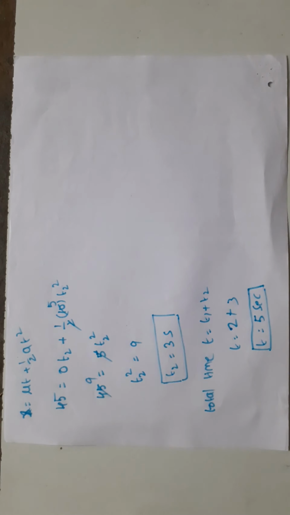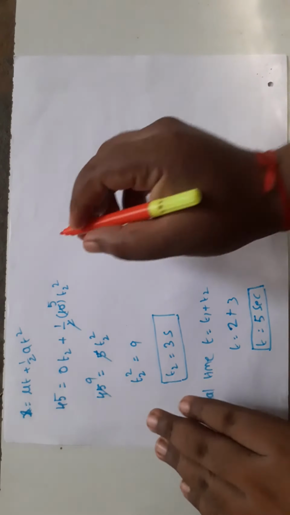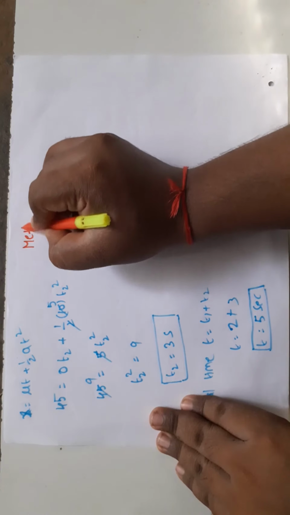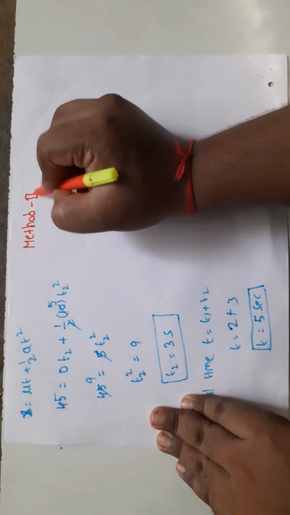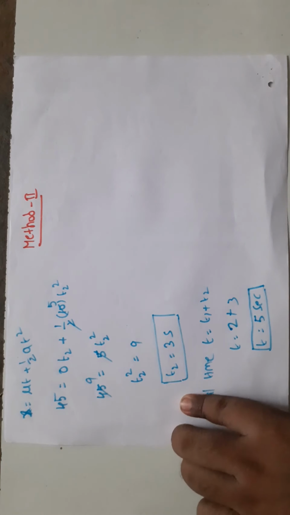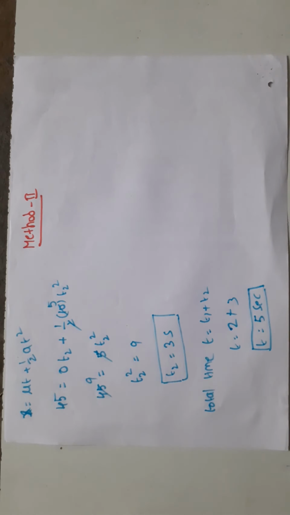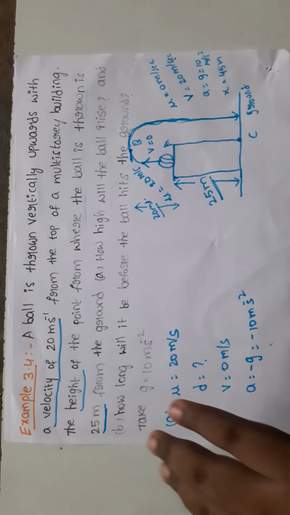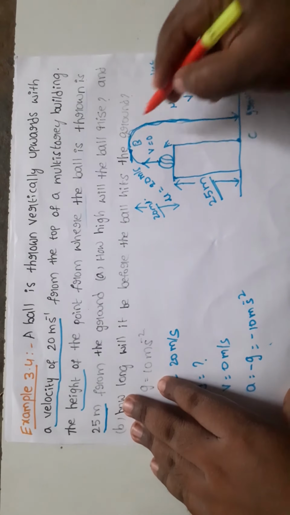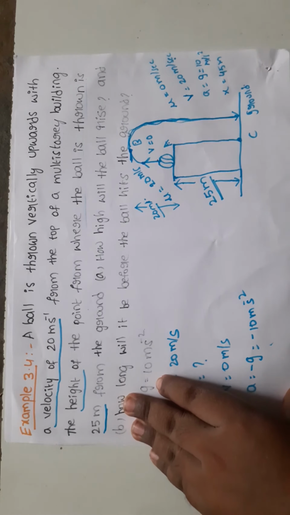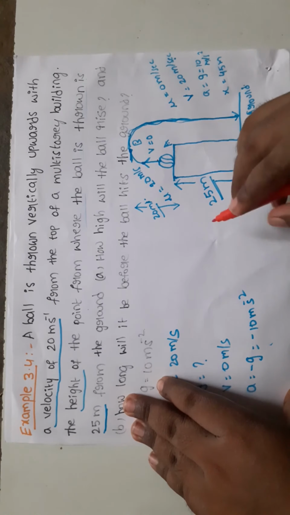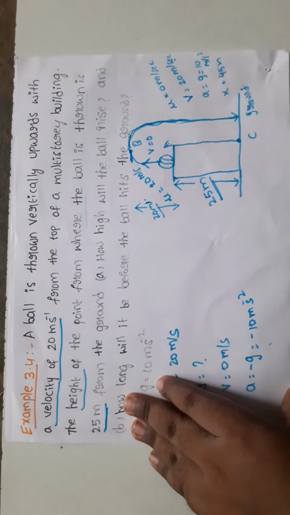So there is another, simpler method to find the time value. Method 2. Here, A to B, B to C, total time we have to calculate at a time. So here total displacement.